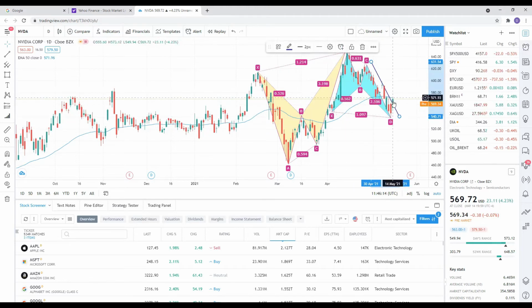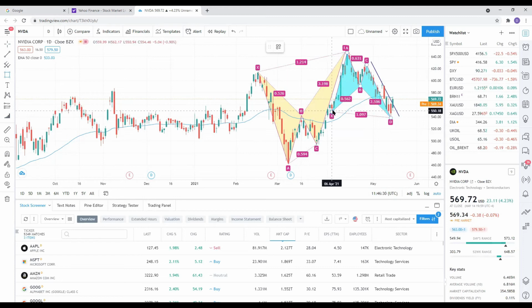I wait for the price to break this trend line. Then I want to see a retest of a potential area of support. So this is a potential area of support. Support could be a zone.